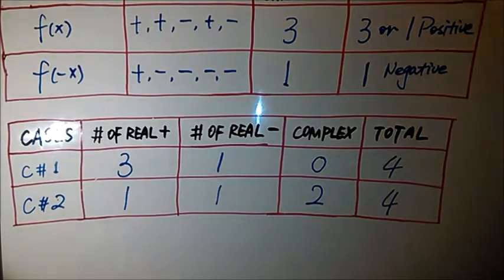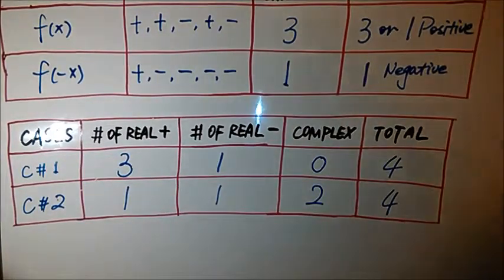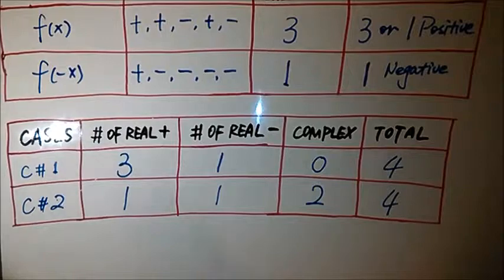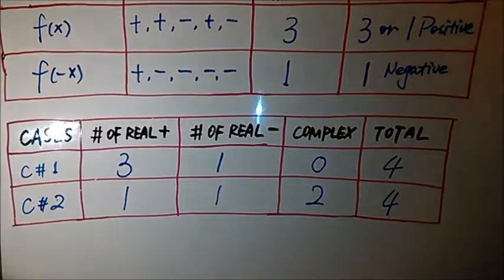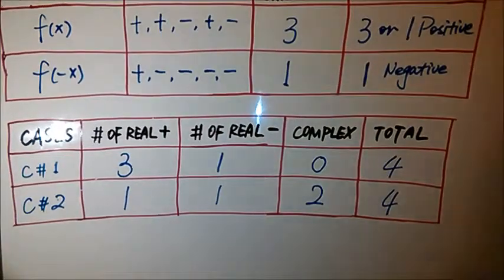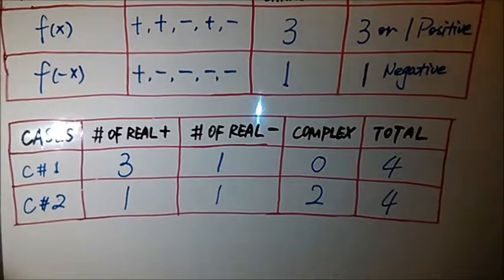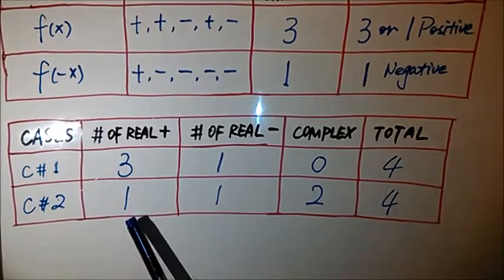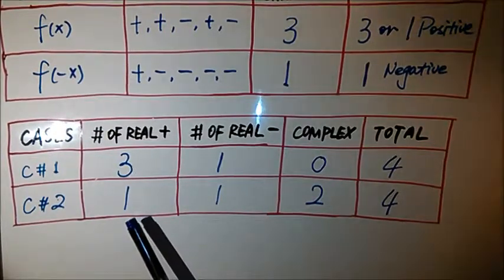The positive real number column. Let's look at the number of negative real number column, and let's analyze that. If we go with the positive roots, you're going to get either 3 or 1 guaranteed positive real roots.